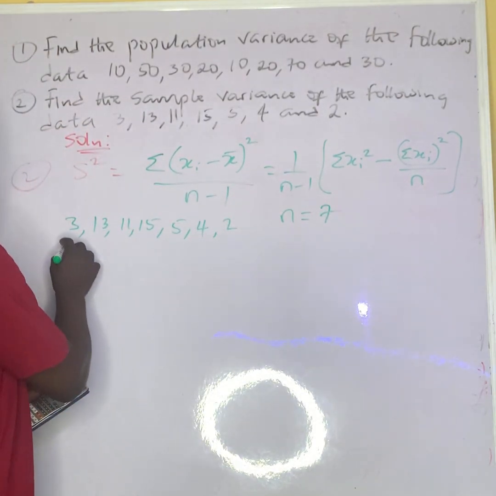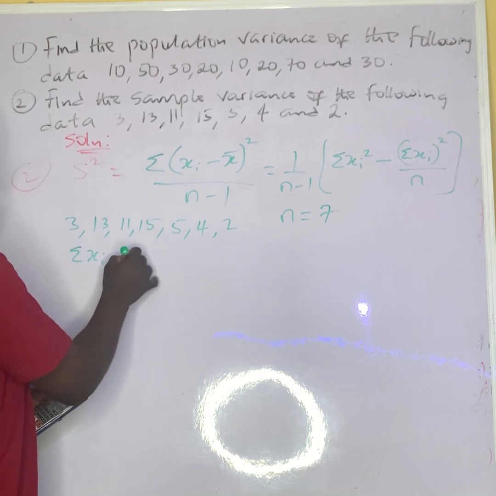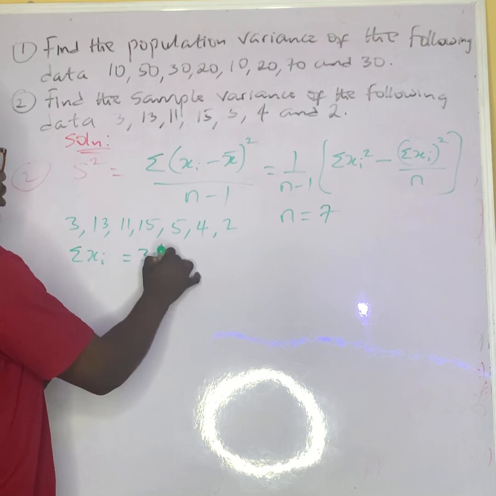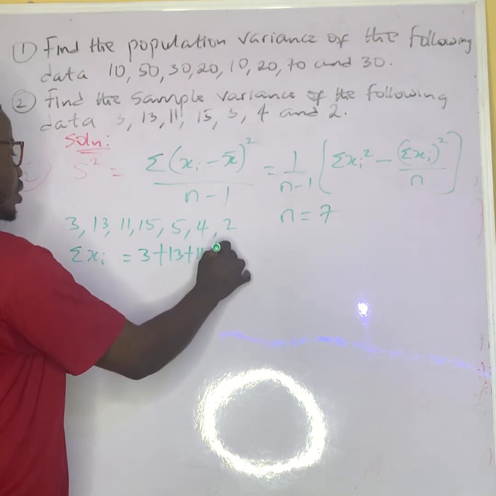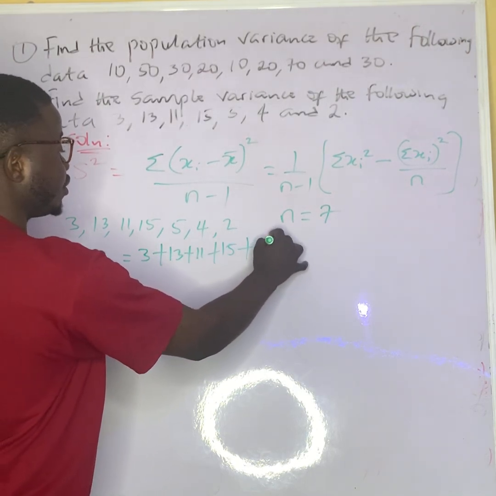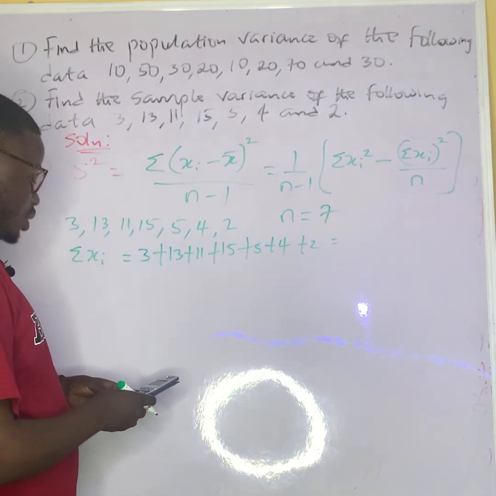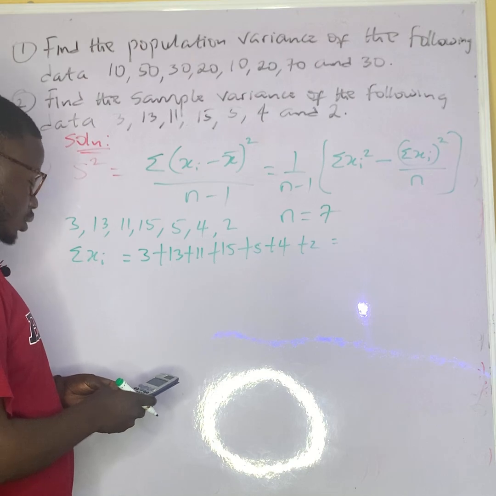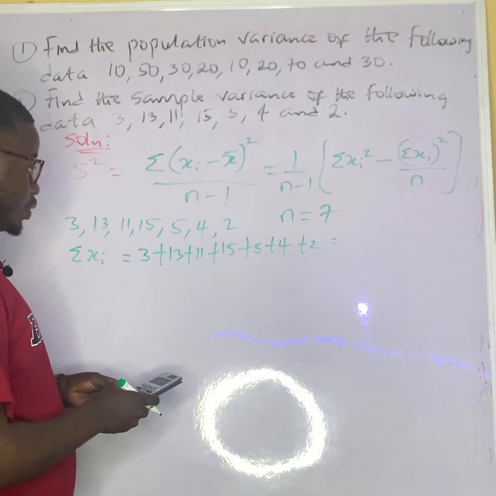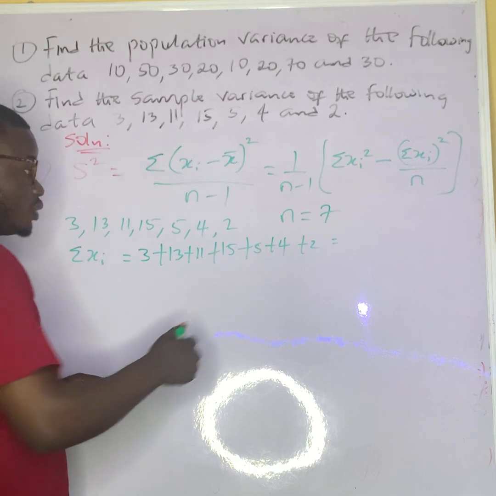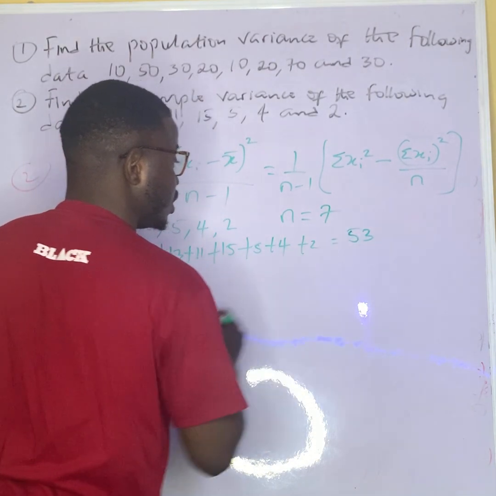Summation x is the total of all the data given: 3 plus 13 plus 11 plus 15 plus 5 plus 4 plus 2. I need to find the sum of everything, and that will give us 53.